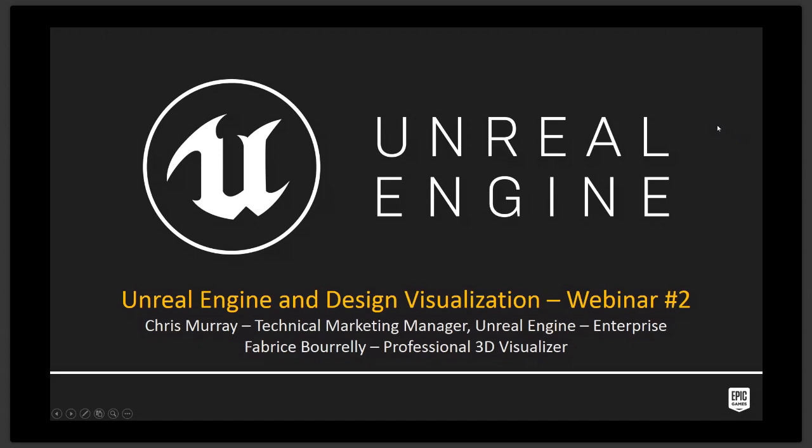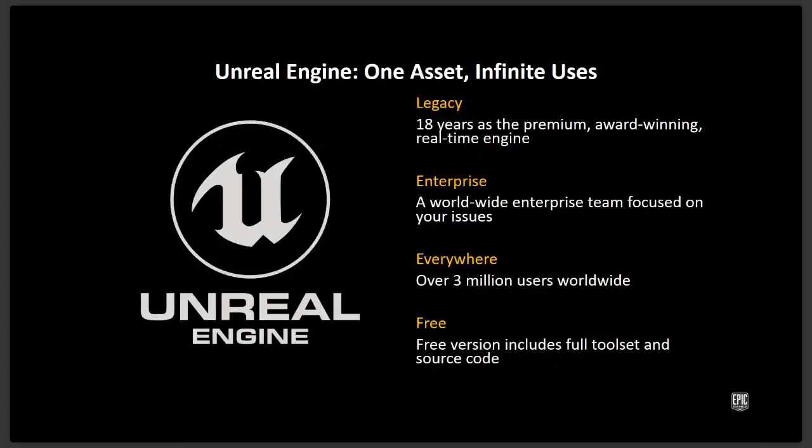For those of you that may be relatively new to the Unreal Engine and not really know what Epic is all about, Epic Games has been around for 18 years, and we've been one of the premium award-winning real-time engines out there. About 18 months ago, we realized that a lot of people were using our game engine for things that are not related to games at all.